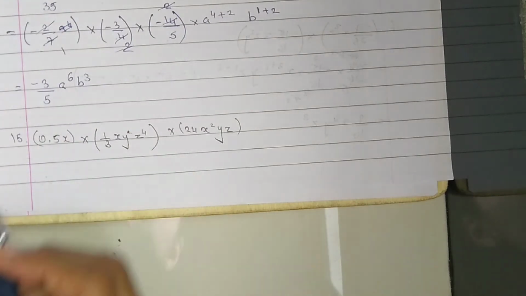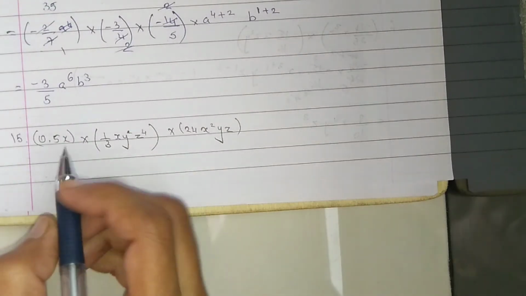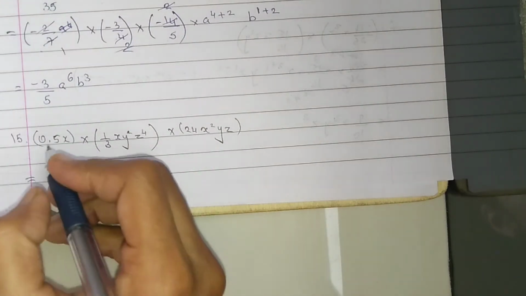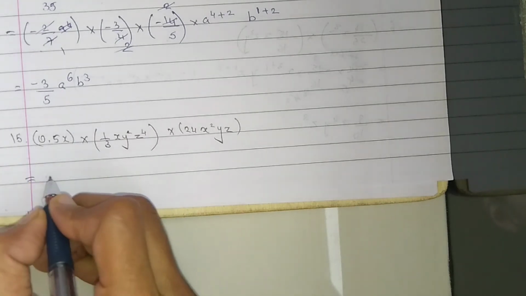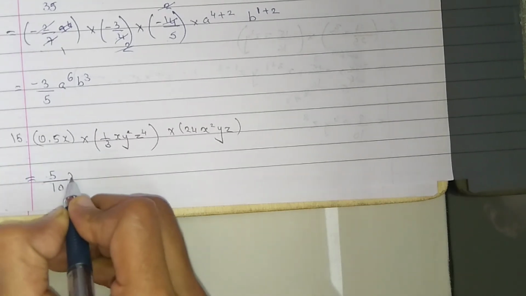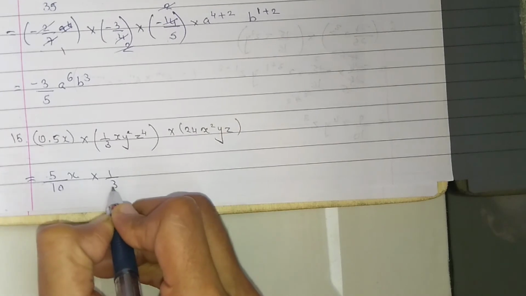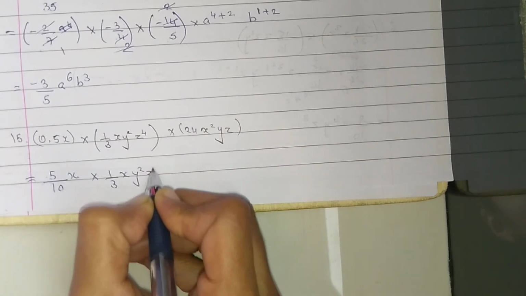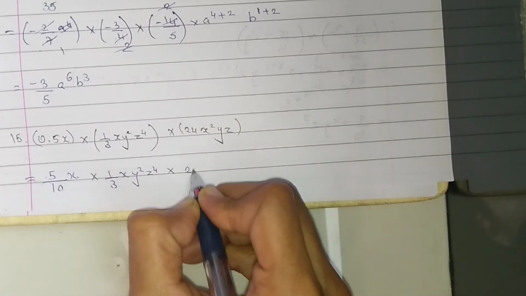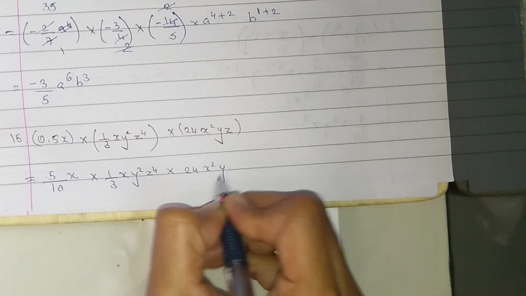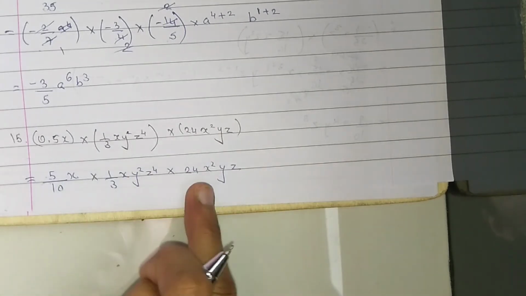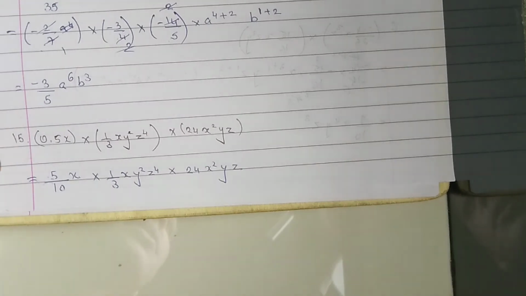Now this 15th one we had given in decimal, so we'll convert this into fraction form, that is 5 upon 10x into 1 upon 3x y square z raised to 4 multiply by 24x square y z. Now these coefficients we will separate together.